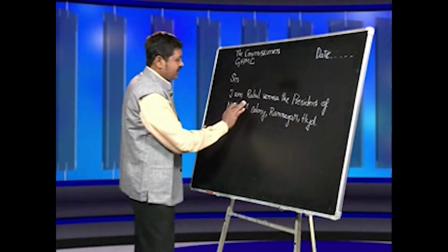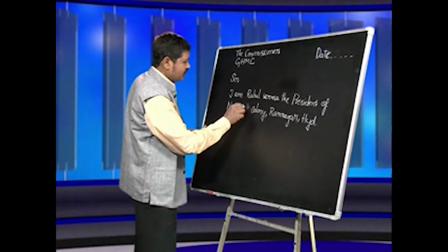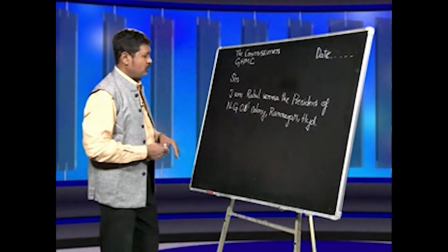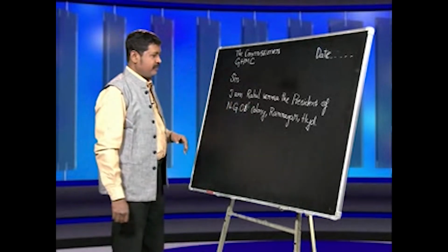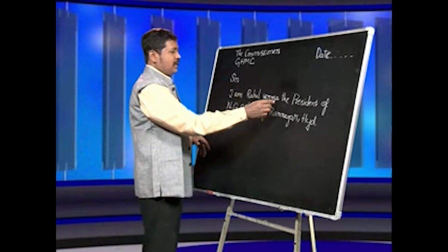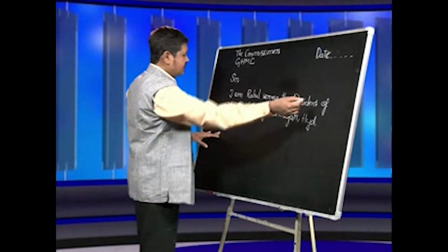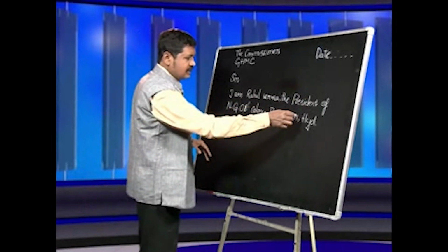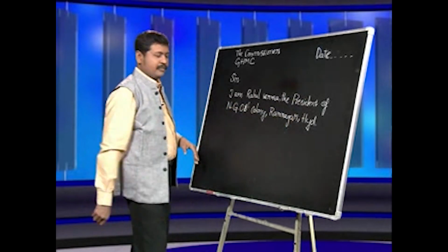So when you say NGOs, it cannot be singular, it has to be NGOs in plural with an apostrophe. So I am Rahul Verma, comma, the president of NGOs colony, comma, Ramnagar, comma, Hyderabad.